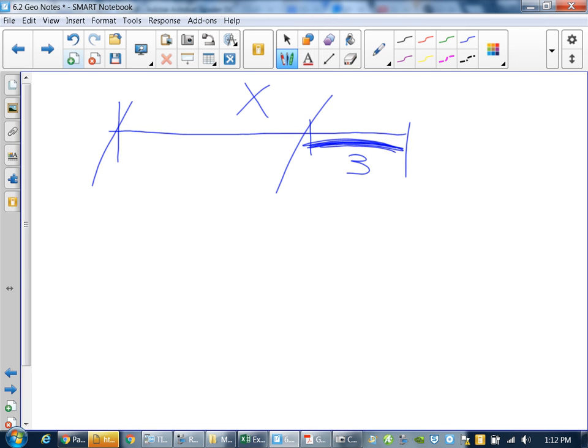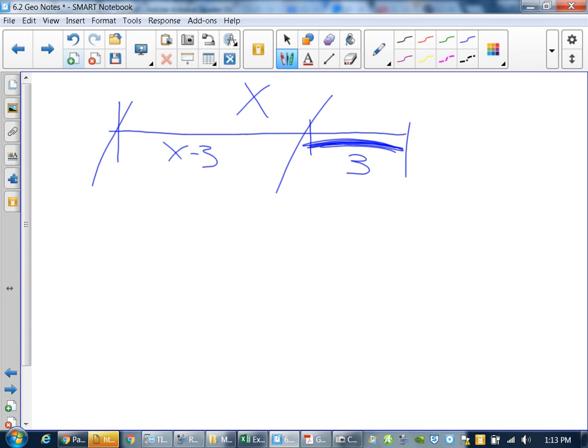X minus the 3. It's about this. Remember, this is nothing more than segment addition stuff. It's a matter of looking at a diagram and figuring out what your values are. This is nothing new. They're just putting it into a triangle.